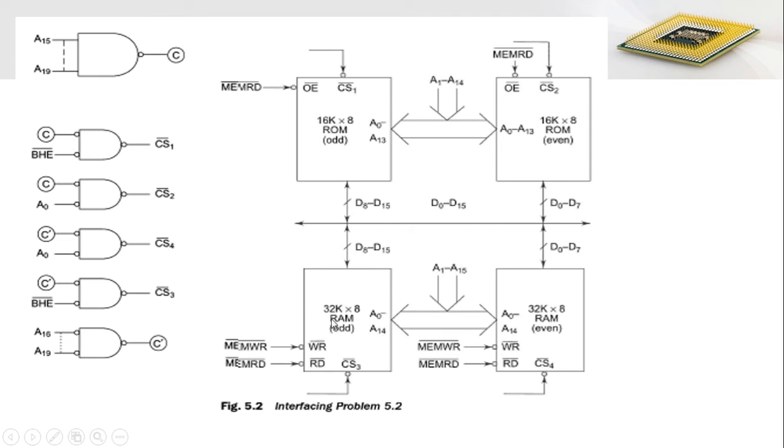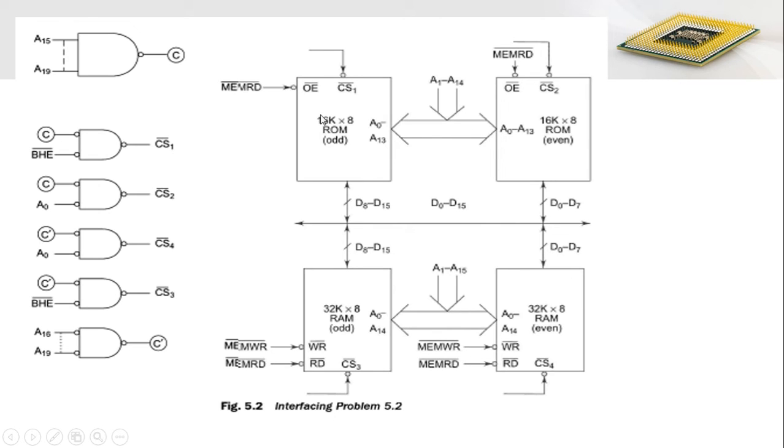But in case of RAM, both read and write operations are possible. So here we have two pins associated with our RAM memory, the write and read pins, which are connected with the memory read and memory write signals from the processor. Clear? So all these are common with the previous case of memory interfacing.